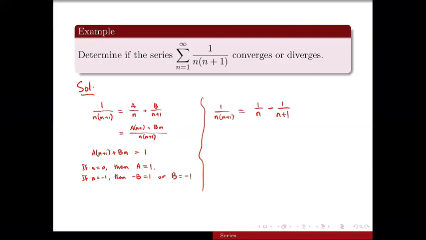You think of n here as some variable. So this is allowed, because what we are just going to do is decompose this guy here. That's a good question.